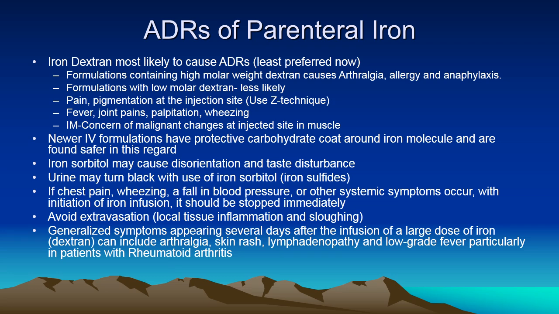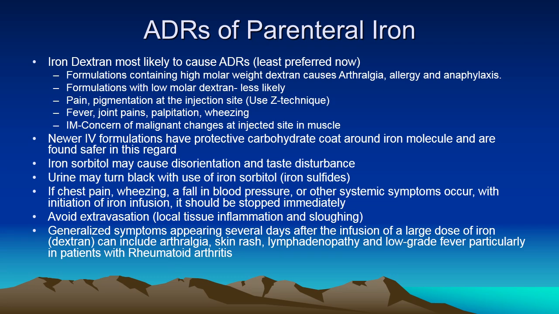Fever, joint pains, palpitation, wheezing, and there is a concern of malignant changes at the site of injection into the muscle. Newer IV formulations have a protective carbohydrate shell or coat around an iron molecule. They are found to be safer in this regard, that is, in the allergic or antigenic potential.